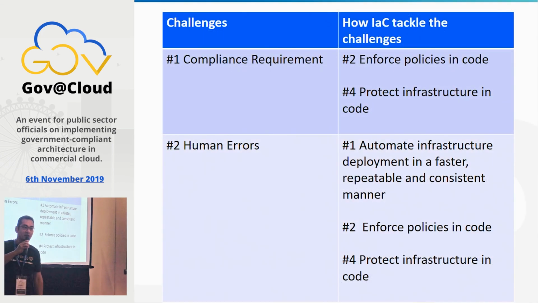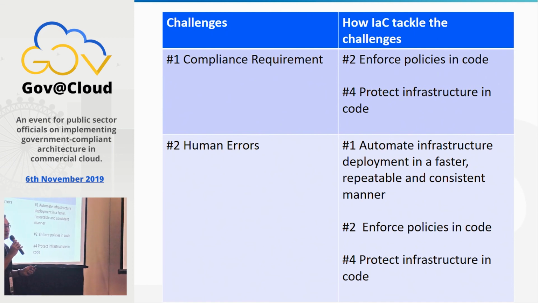Okay, just to recap a bit, we mentioned some of the challenges that we face and how IaC tackles these challenges. Challenge number 1, compliance requirements. With IaC, you can enforce policy in code and protect your infrastructure in code.